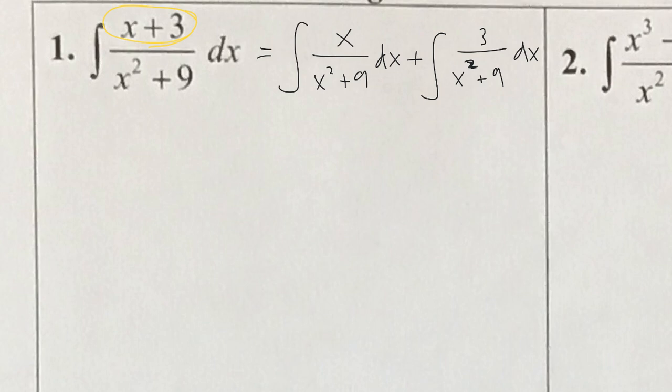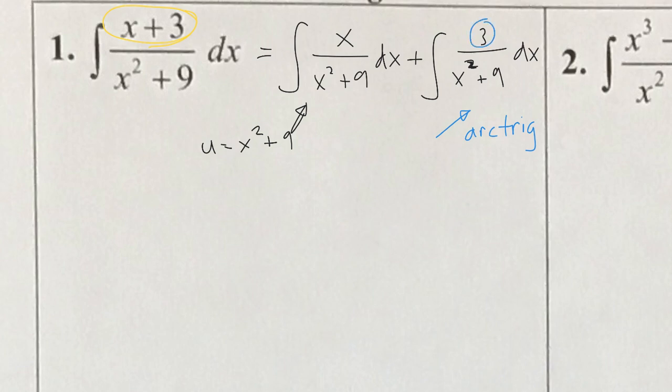Okay, so I'm going to take the integral of each of these things separately. For this one, I'm going to use U substitution, and I'm going to call u my x squared plus 9. And over here, this other one, I'm going to use an arc trig type of antiderivative.